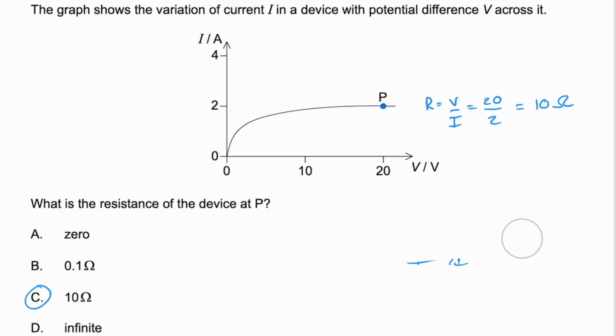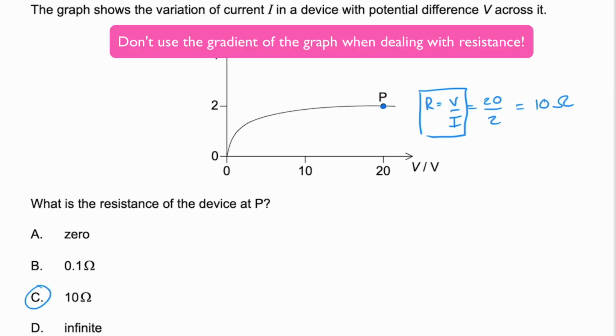This is simply not true. Resistance is not the gradient of the graph. Resistance is only found by this equation here. It's a point on the graph taking the values of voltage and current at that point. So your answer to question 13 is C. And a very important lesson to learn here and to remember is always use that equation to find the resistance of a component. Don't be tempted to use the gradient of the graph.